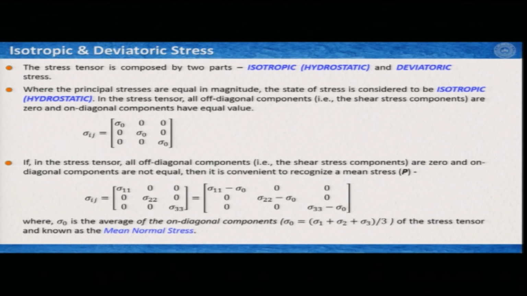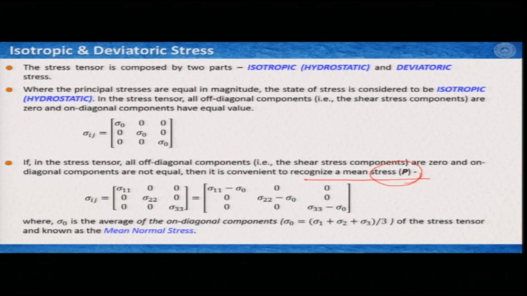Now, if all the off-diagonal components of the stress tensor, that means the shear stress components, are 0, and the on-diagonal components are not equal, that means you do not have any shear stress acting, but your sigma 1, sigma 2 and sigma 3 are not equal to each other, then you can get something called mean stress.